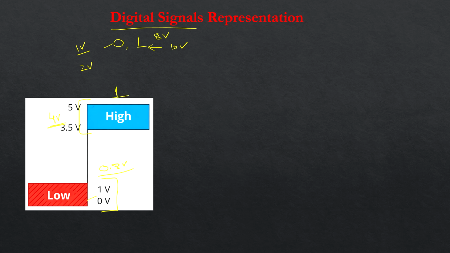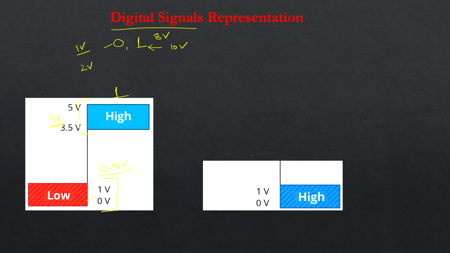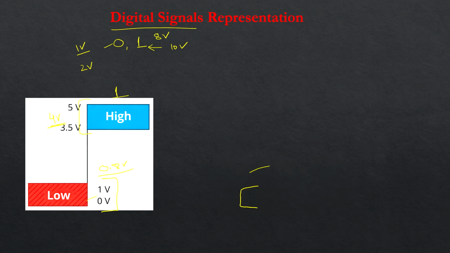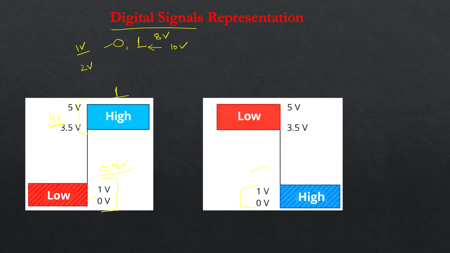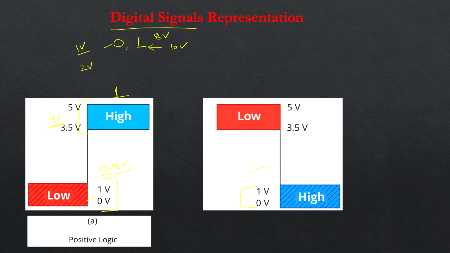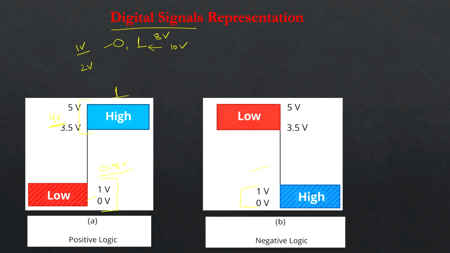Okay. On the other hand, if you are choosing that 0 to 1 volt will represent high, or will represent 1, and this 3.5 volt to 5 volt will represent 0, then these are the two basic classifications. In the first case it is called positive logic, the second case is called negative logic.